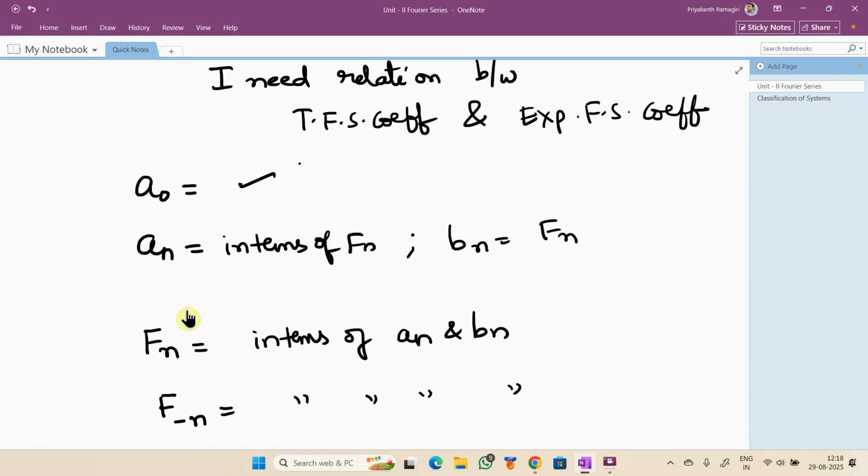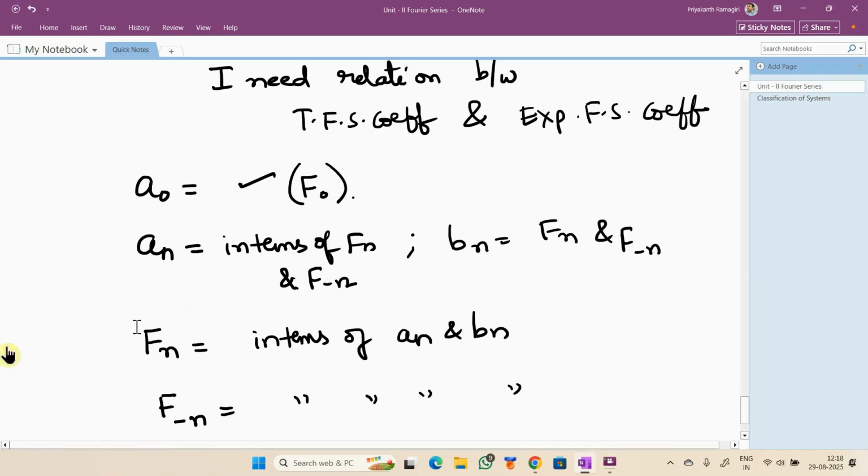Maybe I can give a clue here: a0 in terms of f, and an and bn in terms of fn and f minus n. Why minus n?